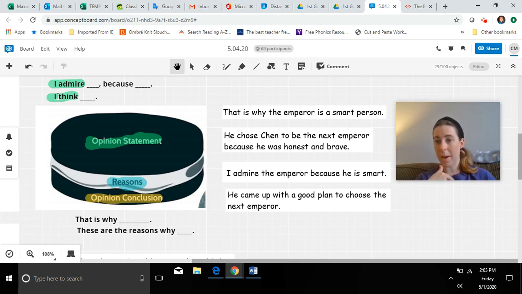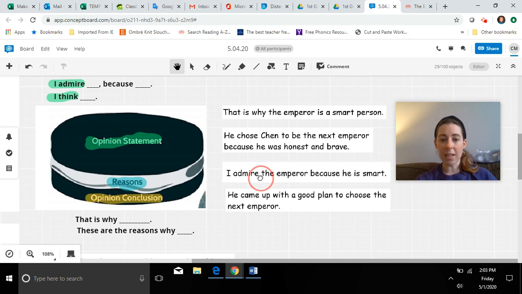It's about me. So if I look through my sentences really quickly, I see one down here that begins with I. Let's see if it says I think or I admire. I admire the emperor because he is smart. Do you think that's our opinion statement? Did it tell what I think? Who agrees with me? Yes.